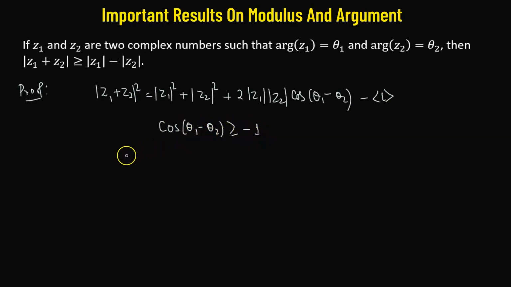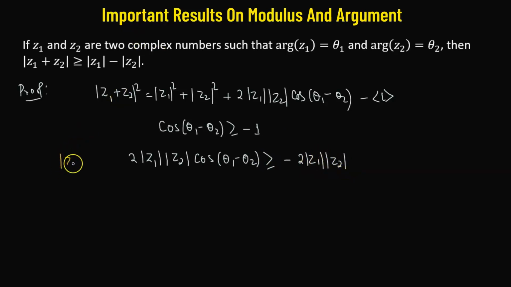Now what we'll do, we're going to multiply both sides of this inequality with 2 times absolute value of z1 times absolute value of z2. So this is going to be greater than or equal to negative 2 times absolute value of z1 times absolute value of z2. Now we will add absolute value of z1 squared plus absolute value of z2 squared on both sides of the inequality.